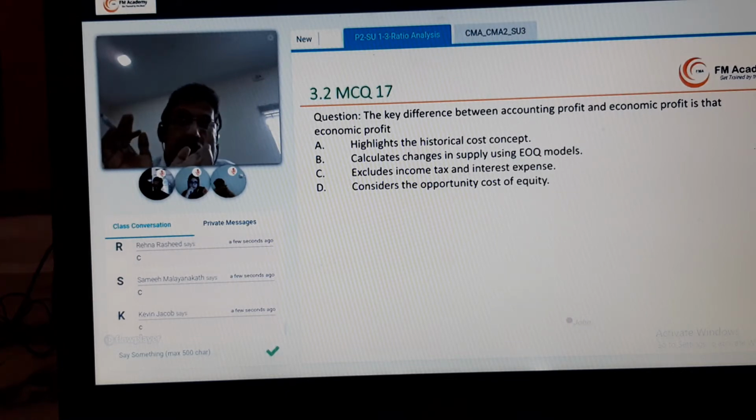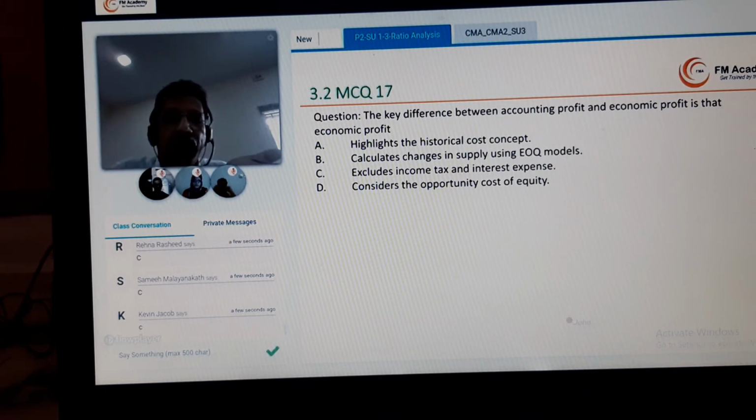Because interest is the reward for the debt capital that is coming there in the income statement, whereas the reward for equity is dividend. That's not there in the GAAP compliant financial statement, right?